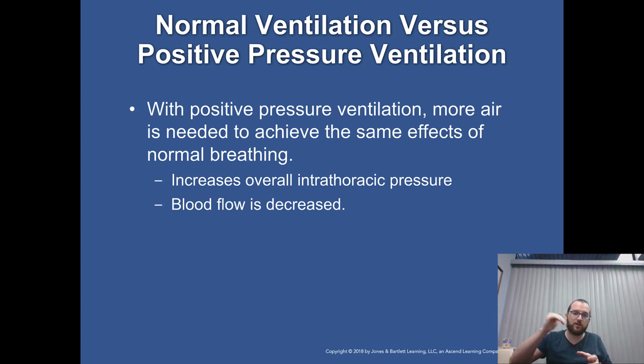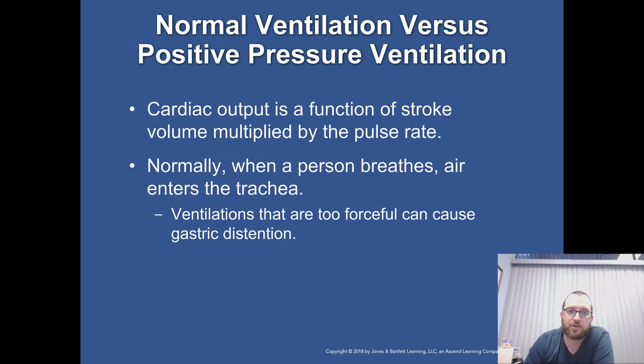So we start restricting the amount of blood coming back to the heart, and we're restricting the ability of that heart to fill up nicely. It can only fill up a little bit, which means it's only going to pump out a little bit. So by ventilating the patient and increasing that pressure, we're potentially going to keep bottoming that blood pressure down.